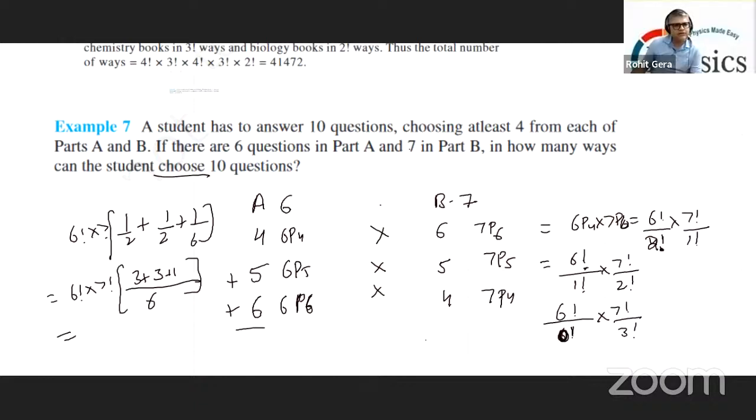A student has to answer 10 questions choosing at least 4. So it's chosen 6, 4, and 6 from 7, 7p6, which is 7 upon 7 minus r.